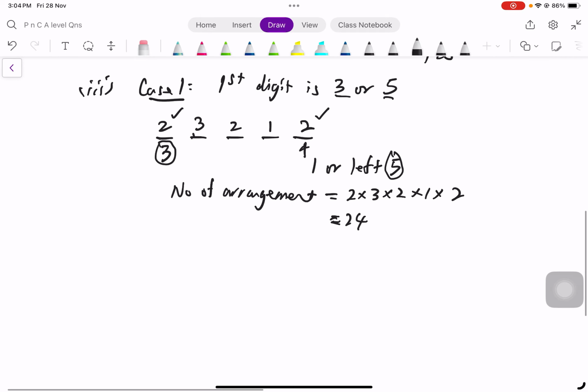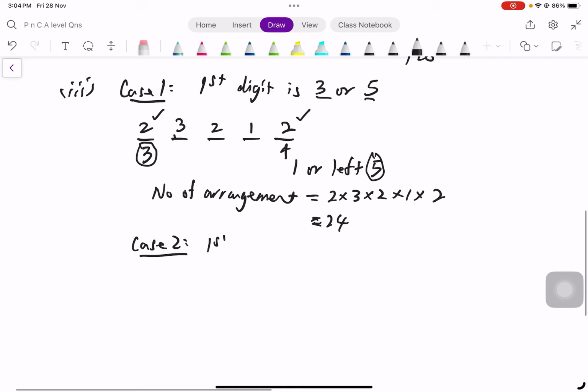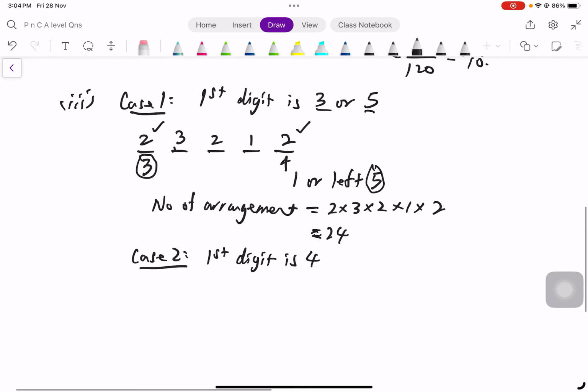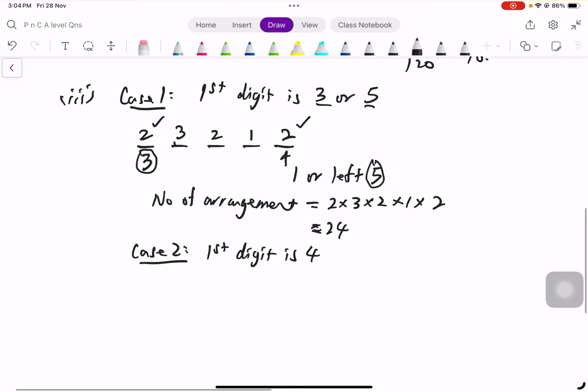Then the second case, case number 2. The first digit is a 4. To be greater than 30,000, the first digit must be 3, 4, 5.